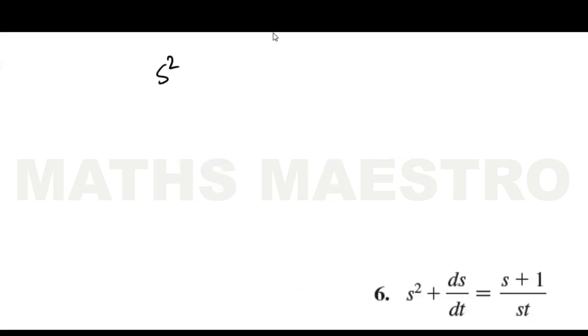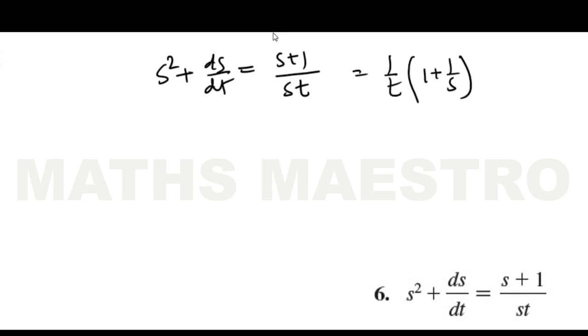Next question is actually ds/dt is equal to s plus 1 times t, and the right hand side we can write like this. But despite doing this, there is no way we can actually separate the two variables s and t and align with ds and dt, because the entire function which is given is an implicit function of s and t.